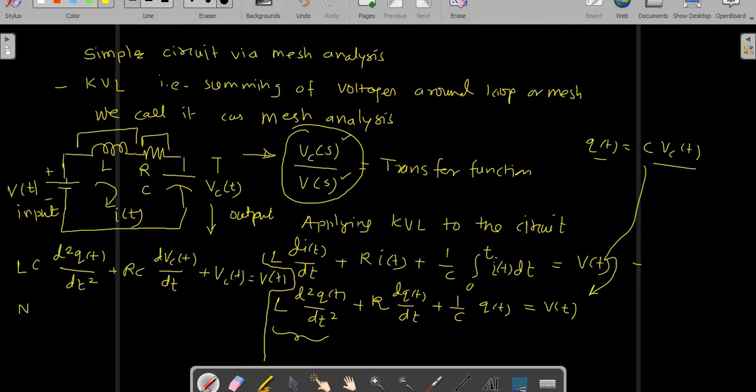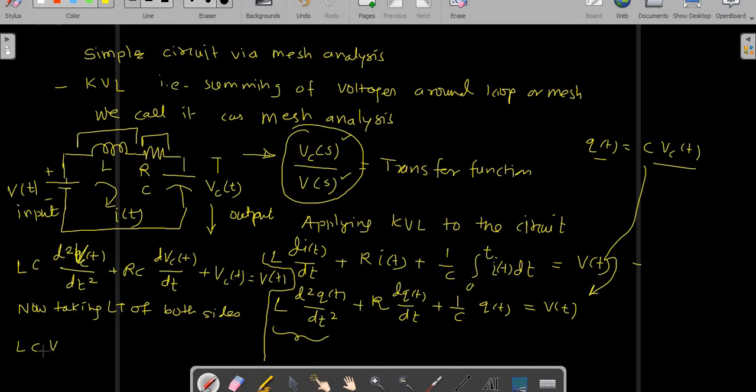Now taking the Laplace transform of both sides. So we will get LC, I'm sorry, here it should be Vc.